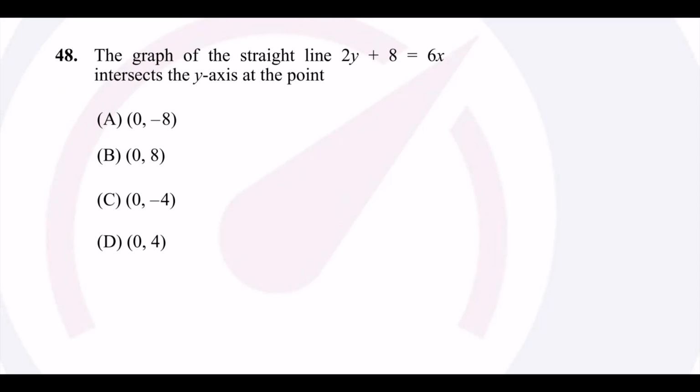Alright, now this question 48, the graph of a straight line 2y plus 8 is equal to 6x intersects the y-axis at the point. Now you could easily transpose the equation to be in the form y equals mx plus c. And we know that the y-intercept is normally shown at c.